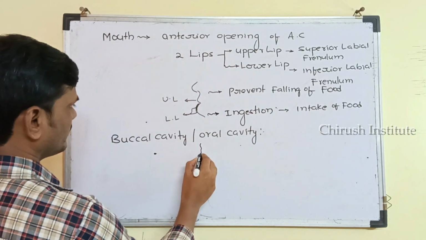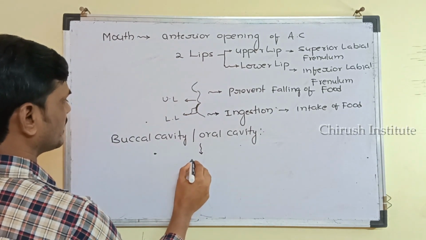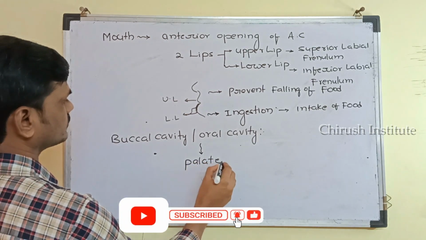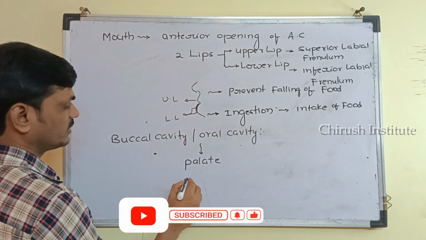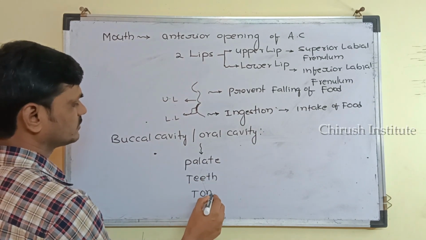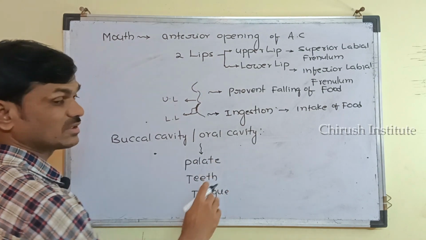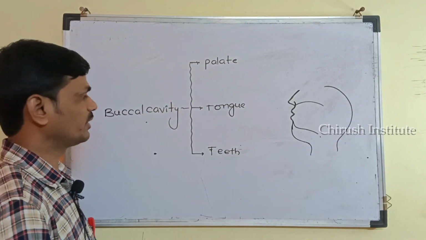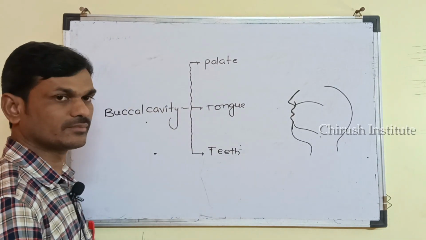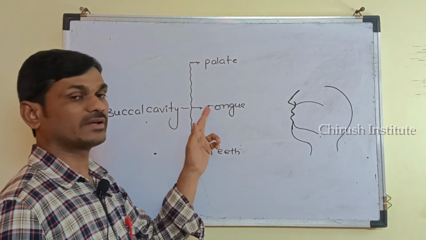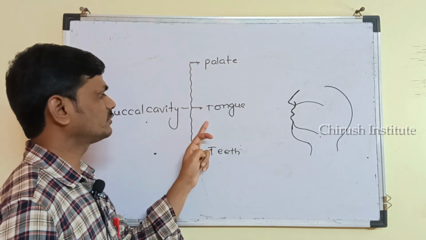This oral cavity, buccal cavity, contains three parts: palate, teeth, and tongue. So these are the three parts present in the oral cavity. Now we are discussing the buccal cavity.